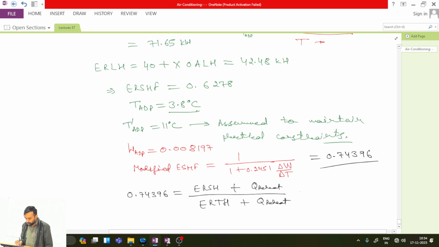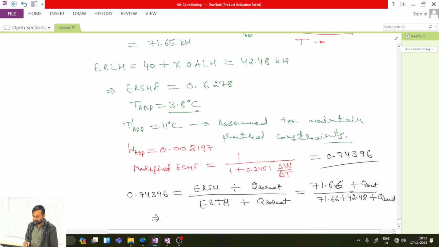So ERSH was 71.66 and ETH was 71.66 plus 42.48, plus in all the cases this Q reheat. From this equation, can I calculate Q reheat? Q reheat comes out equal to 51.787 kilowatt.